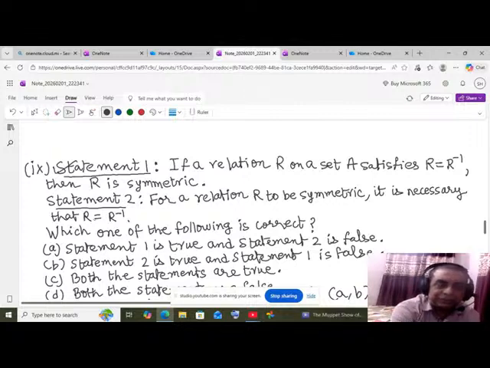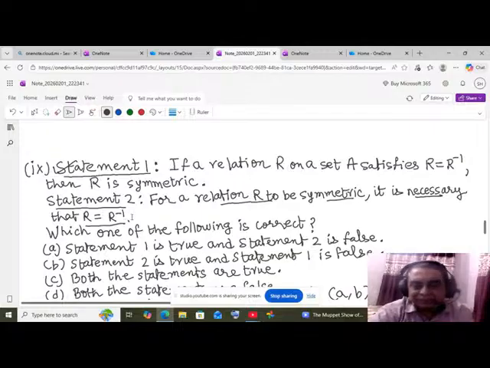Now let us check statement number 2. For a relation R to be symmetric, it is necessary that R equals R inverse. That is true.